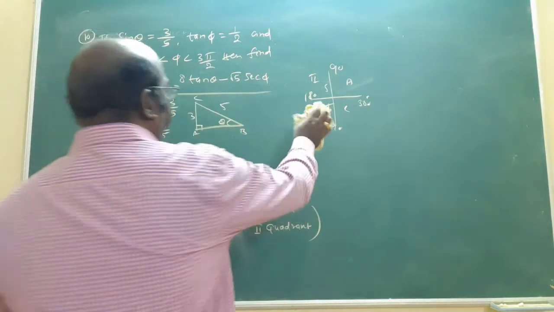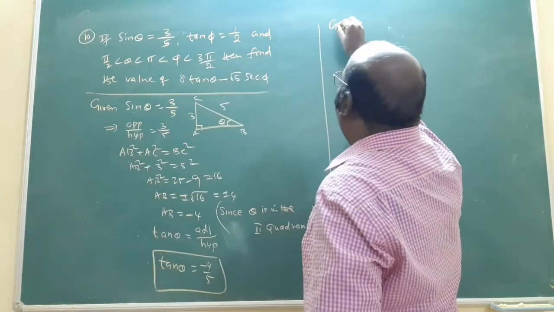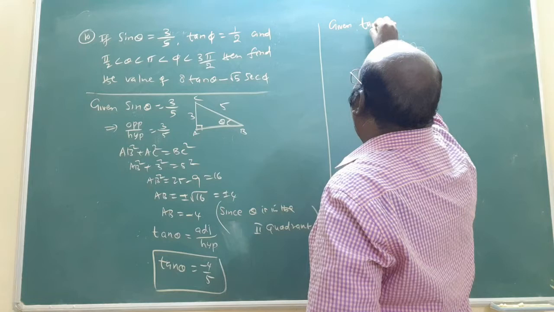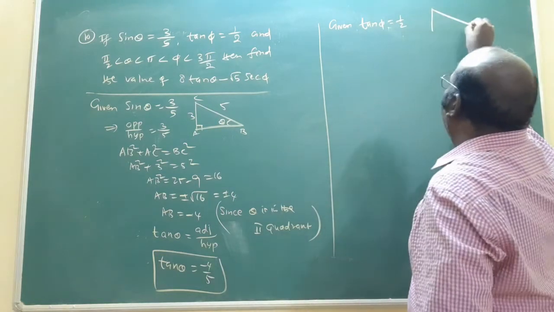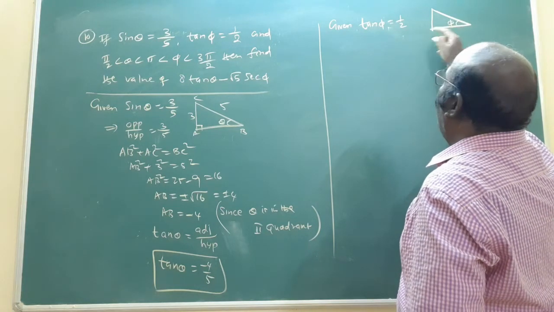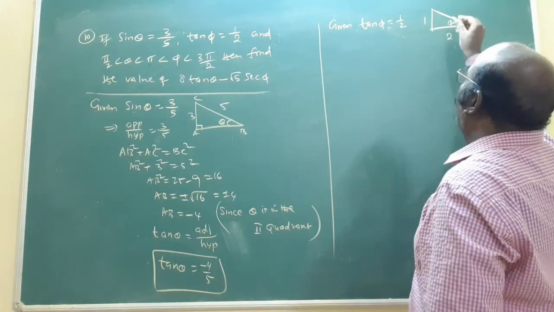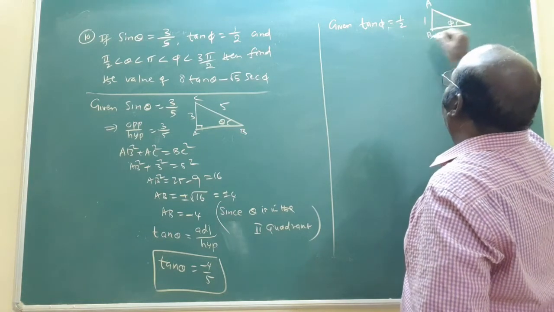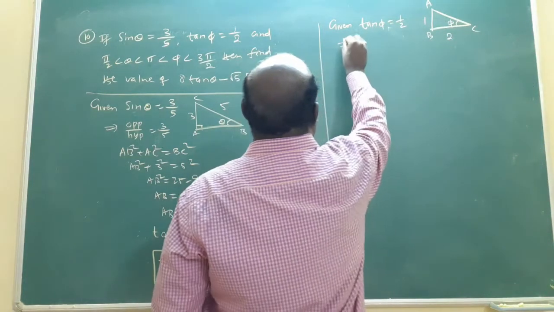Now, second one. Again given tan theta equal to 1 by 2. Now, draw the diagram. This is angle theta. Tan theta is opposite by adjacent, here 1, here 2. Here also A, B, C. Am I correct?